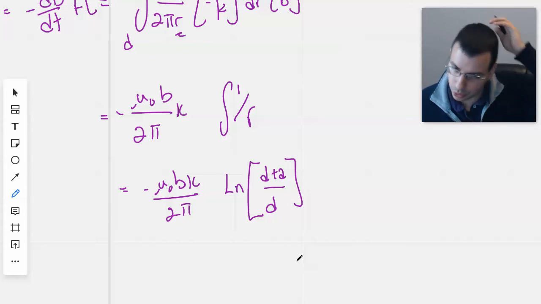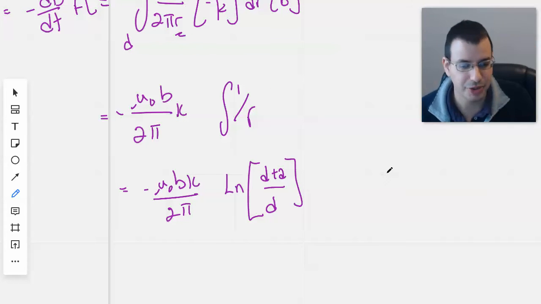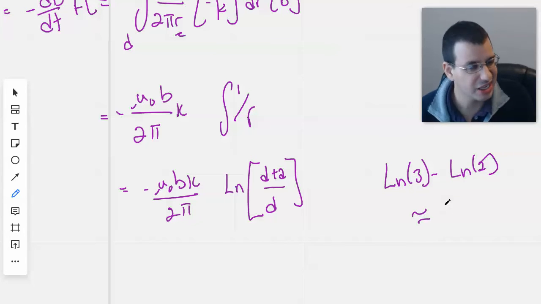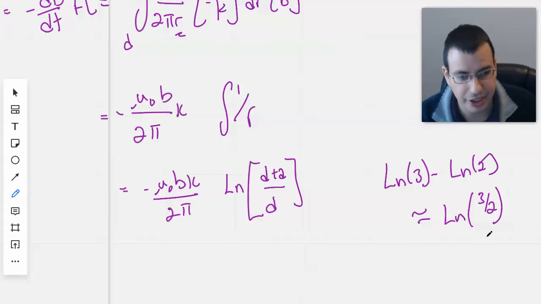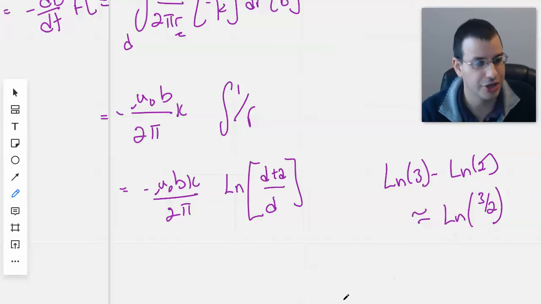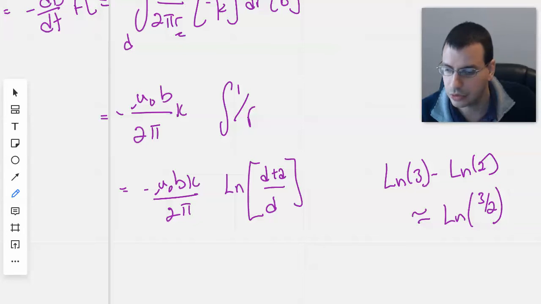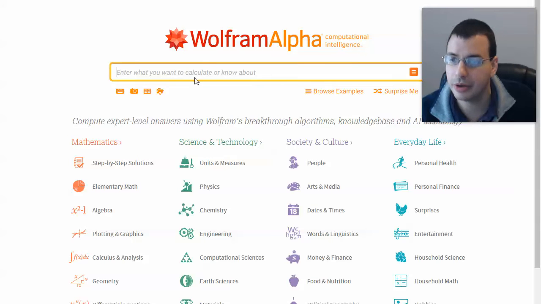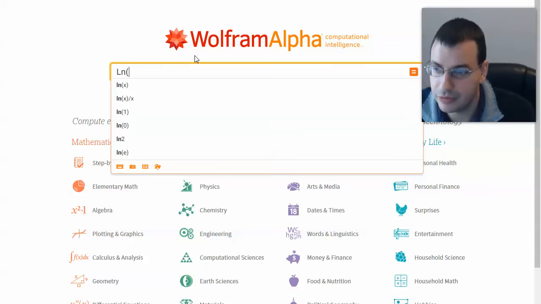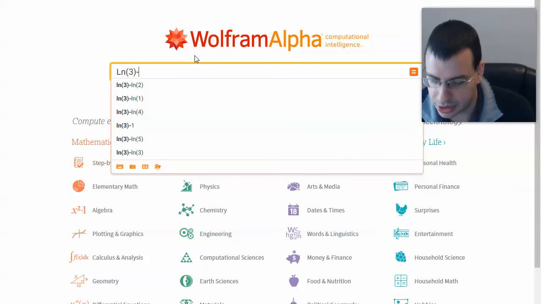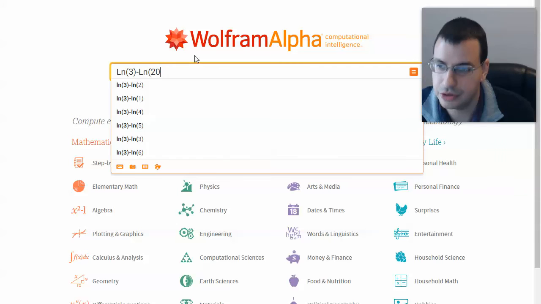One way that I would remember that would be you just pick a number like natural log of 3 minus natural log of 2. And is that equal to natural log of 3/2? And that's in no way a proof, but it's kind of useful because you can just throw it in your calculator. Go over here to Wolfram. So let's do natural log of 3 minus natural log of 2.